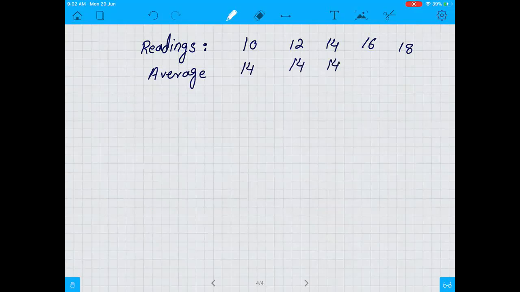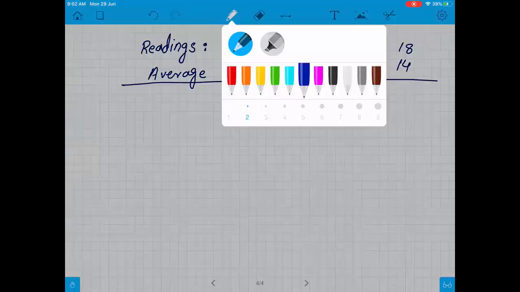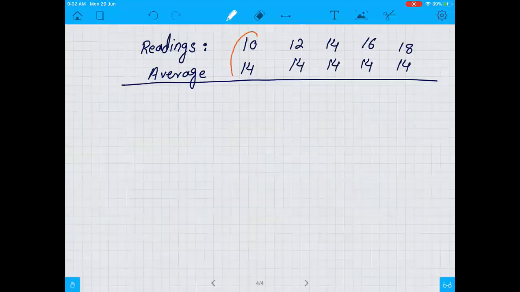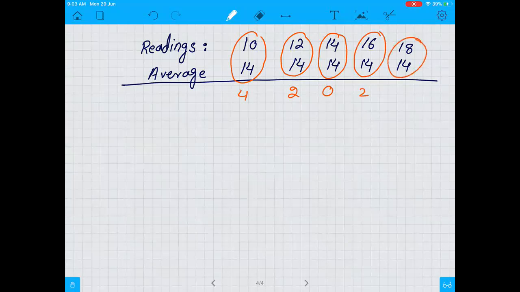Now let's calculate the deviation or the difference of every individual reading from the average. The difference between 10 and 14 is 4. The difference between 12 and 14 is 2. The difference between 14 and 14 is 0. The difference between 16 and 14 is 2. The difference between 18 and 14 is 4. Now these are the deviations. Now let's calculate the average value of these deviations. That is called mean deviation.